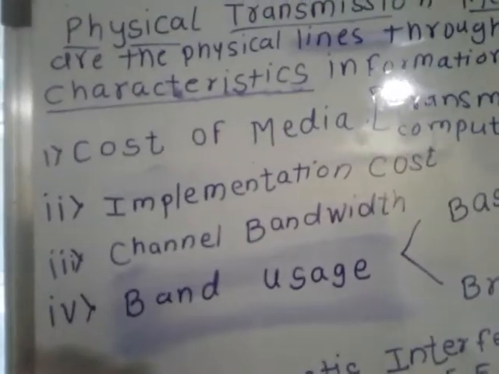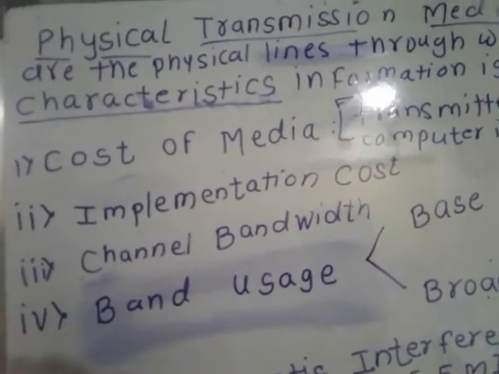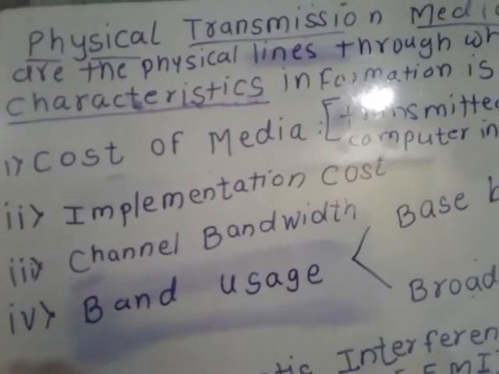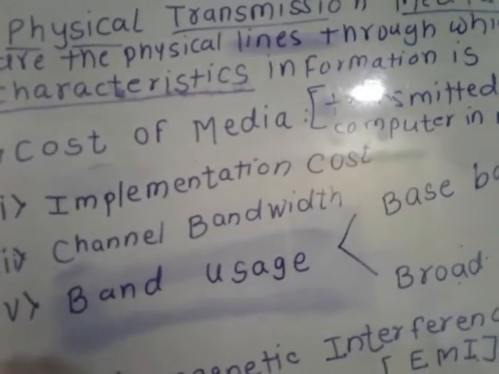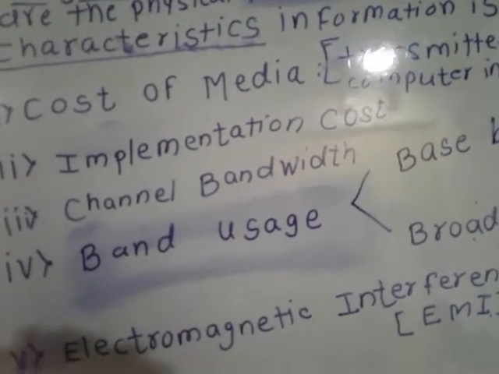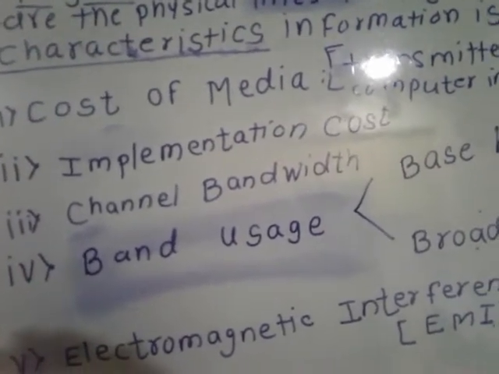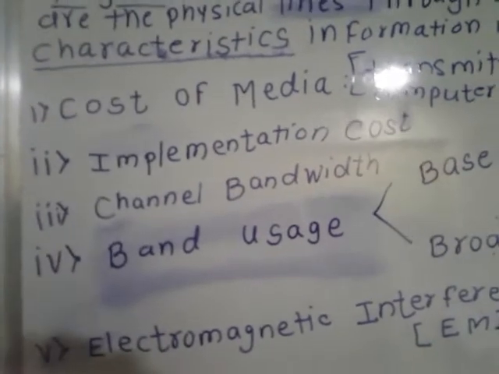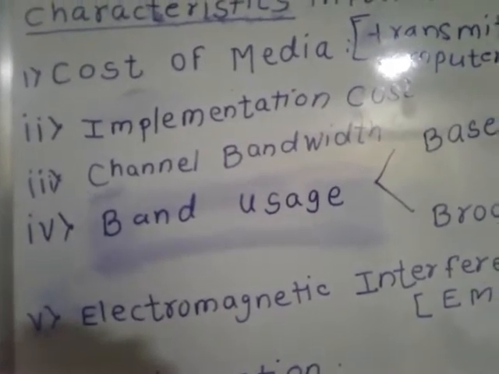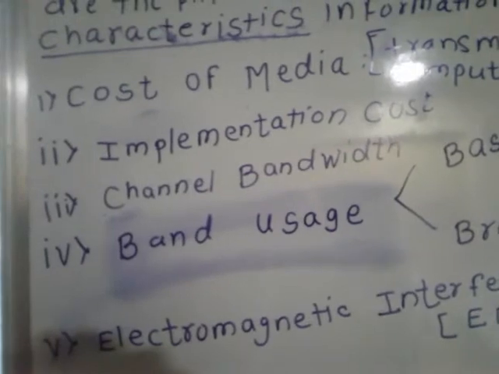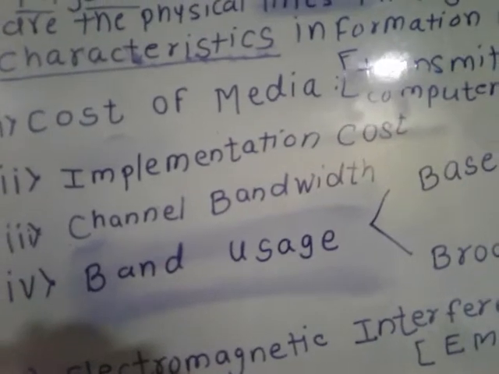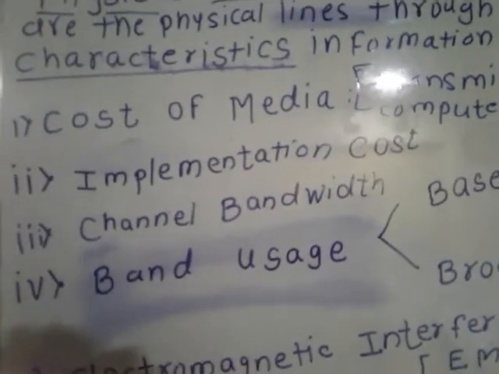First point: before installation, prepare the actual physical layout of the network and then estimate the cable and cost of installation. Second, for almost all media, the cost of installation exceeds the cost of cable. These are the 2 points that we will write down in implementation cost.